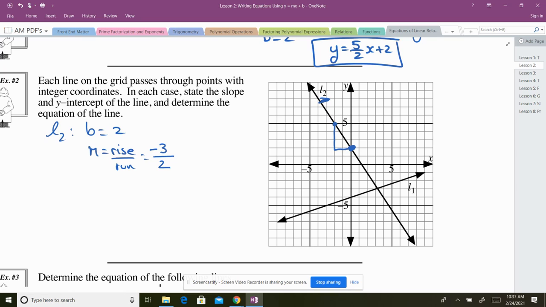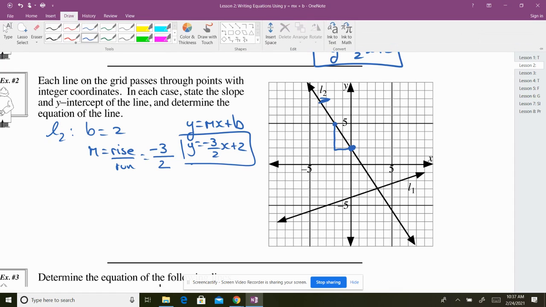So the equation of a line is mx plus b. So what's the equation of this line? There you go. That's it. That's all you do. Find your y-intercept, find your slope, plug it into the formula.